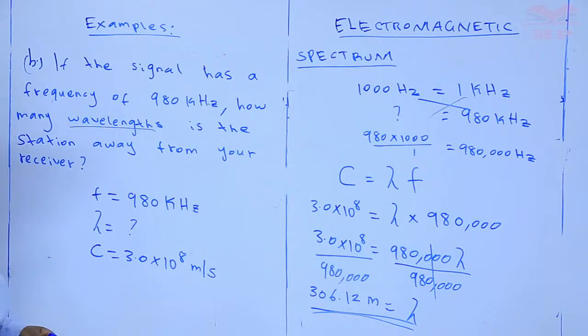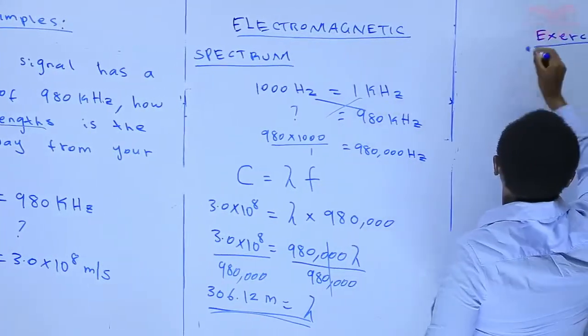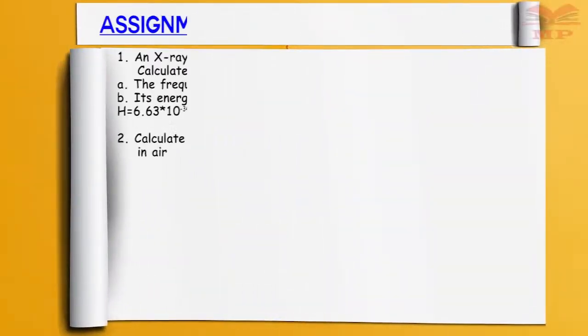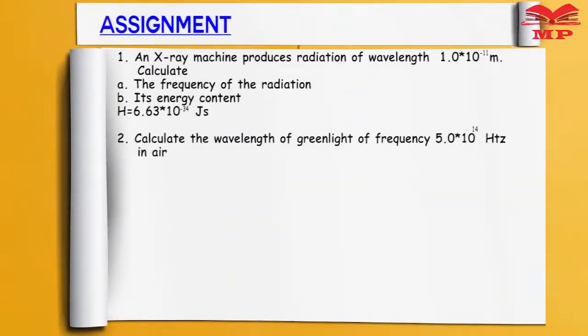I'd like to give you one question that you can try to work out. You are told that an X-ray machine produces radiation of wavelength 1.0 times 10 power negative 11 meters.